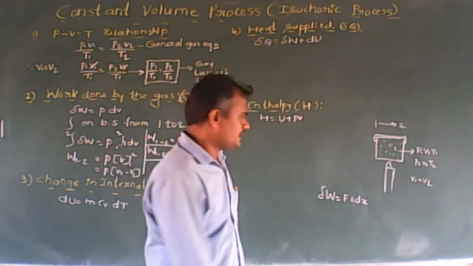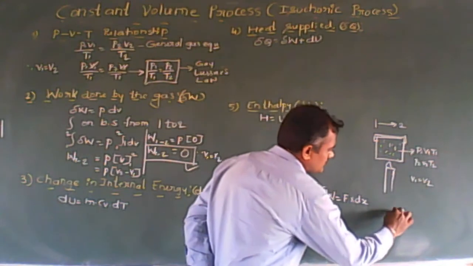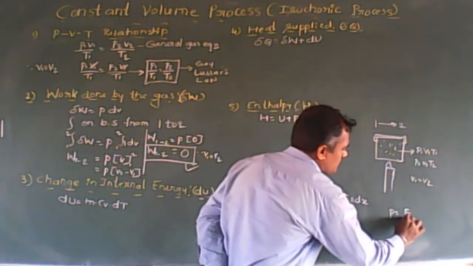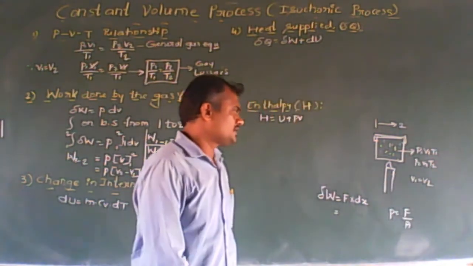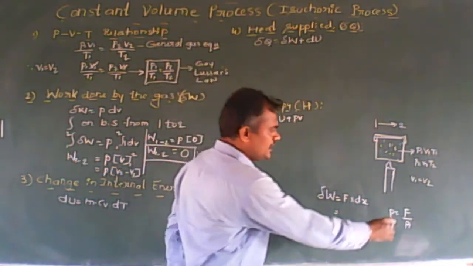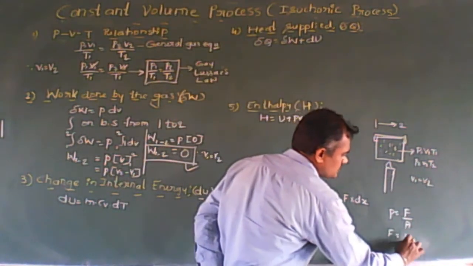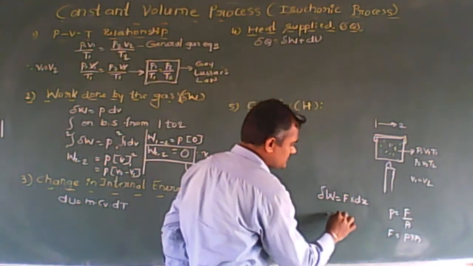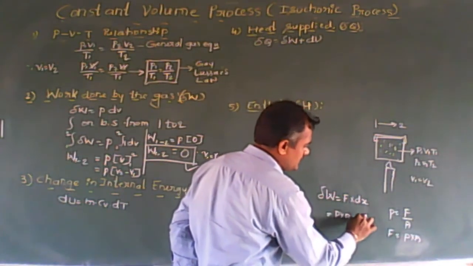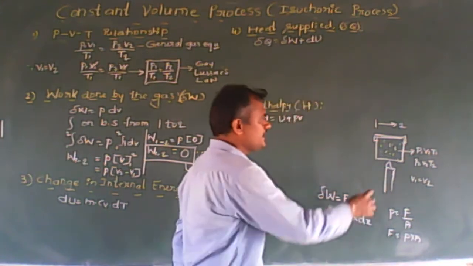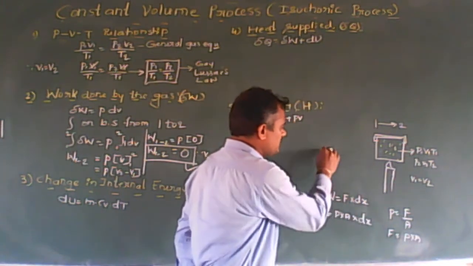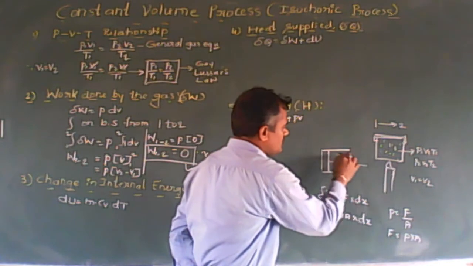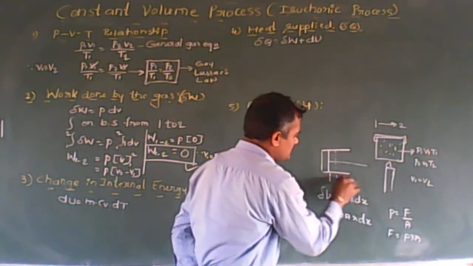As you know, pressure is force by area, or otherwise I can write force is equal to pressure into area. So instead of force I can write pressure into area into dx. dx means the piston is moving a small elemental distance.